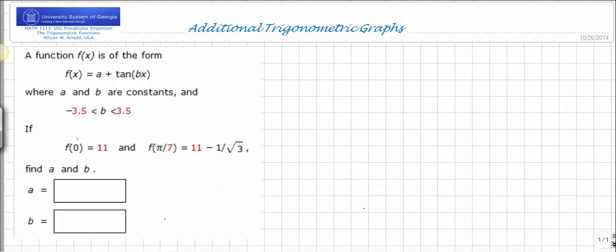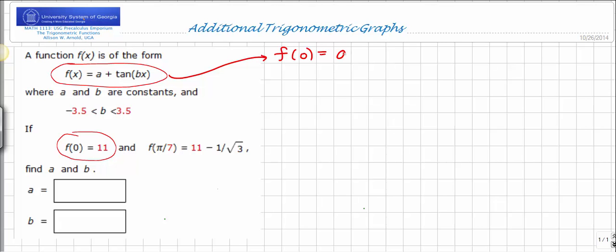But for now, I want you to take note that f of 0 is 11. Going to your formula for f of x, we can see that if we substitute in 0 for x, we have the formula a plus tangent of b times 0.